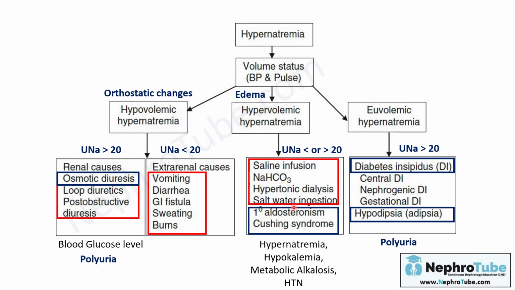If all of these are negative, check if the patient is polyuric or not, to put the suggestion of osmotic diuresis and diabetes insipidus, and check if the patient has hypernatremia, hypokalemia, metabolic alkalosis, and hypertension, to put primary hyperaldosteronism and Cushing syndrome as a possible diagnosis for the case.